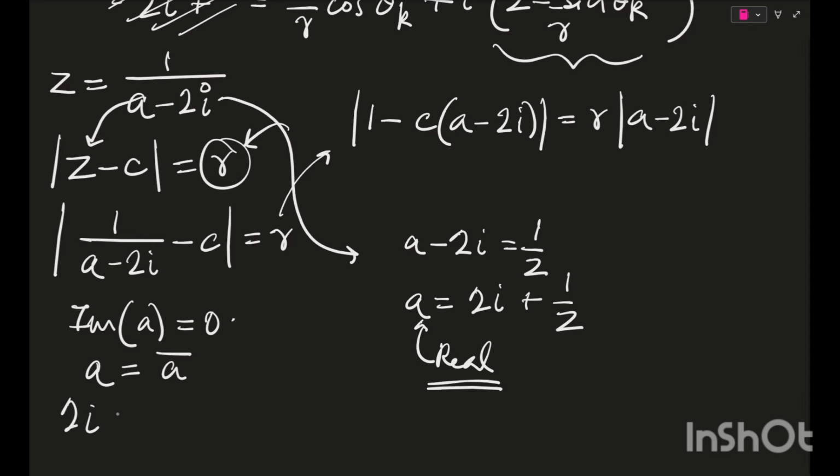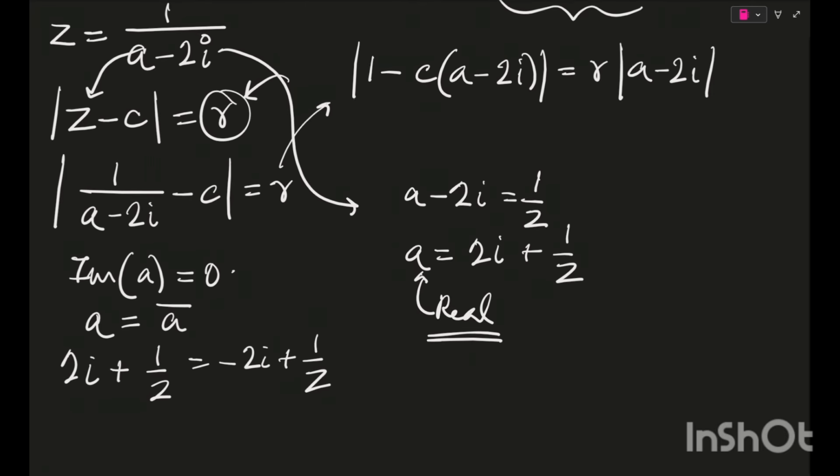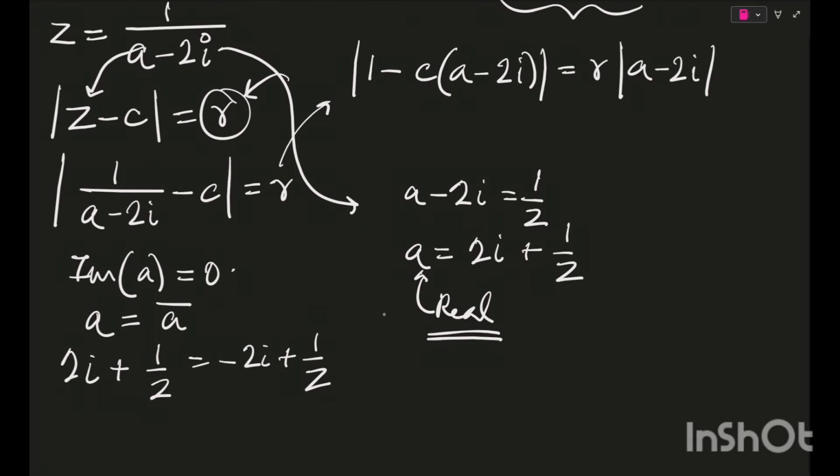So 2i plus 1 by z will be equal to 2i's conjugate, which is minus 2i, plus the conjugate of 1 by z again. If we simplify this a bit, this is 1 by z conjugate, I'm sorry.